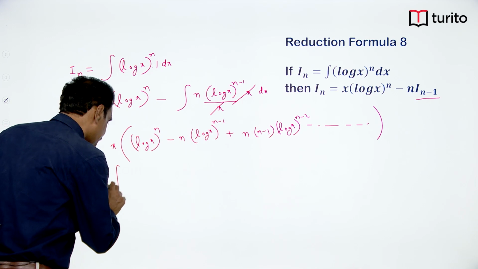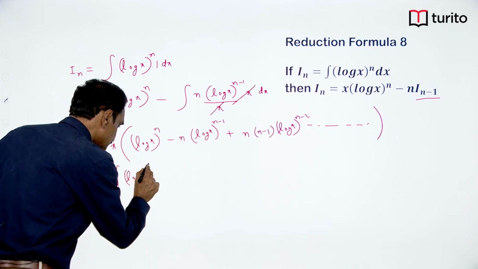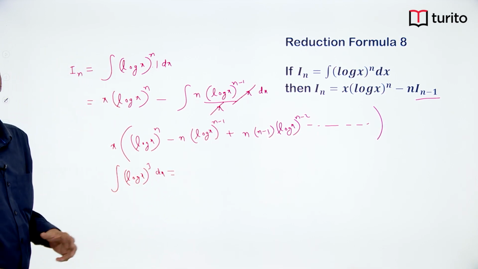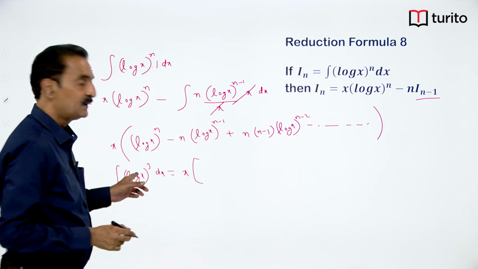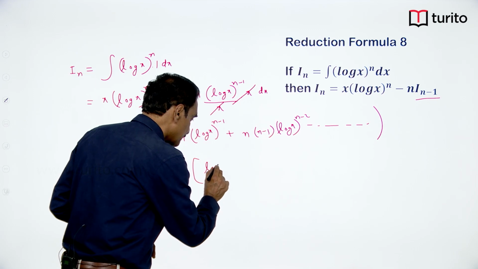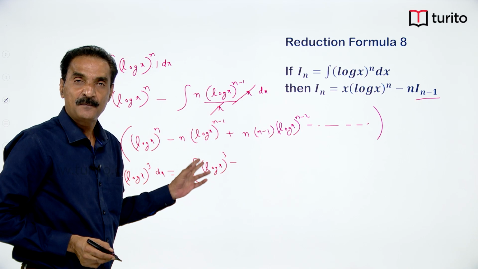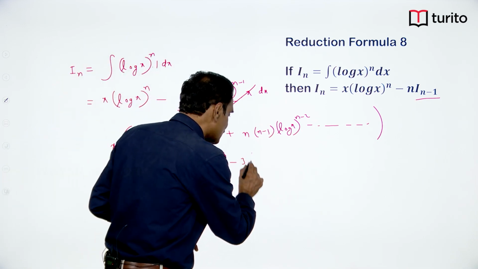Example, integral log x whole cube. It is x into log x whole cube minus derivative of log x whole cube with respect to log x is 3 log x whole square.